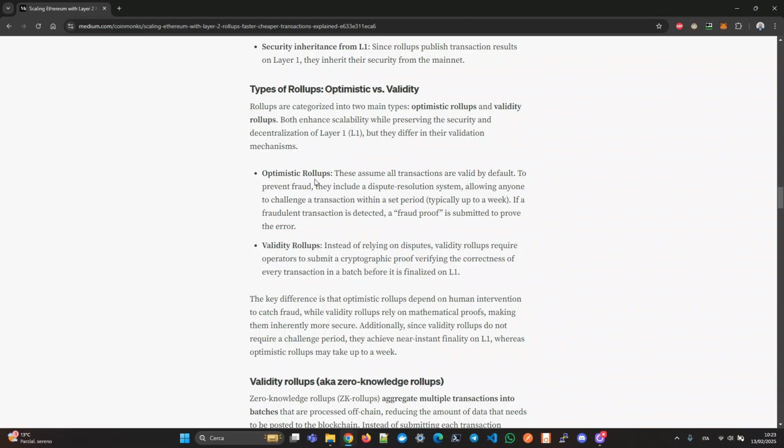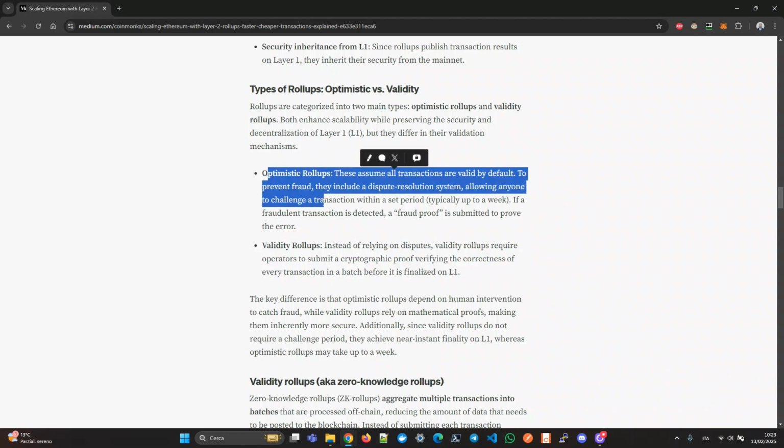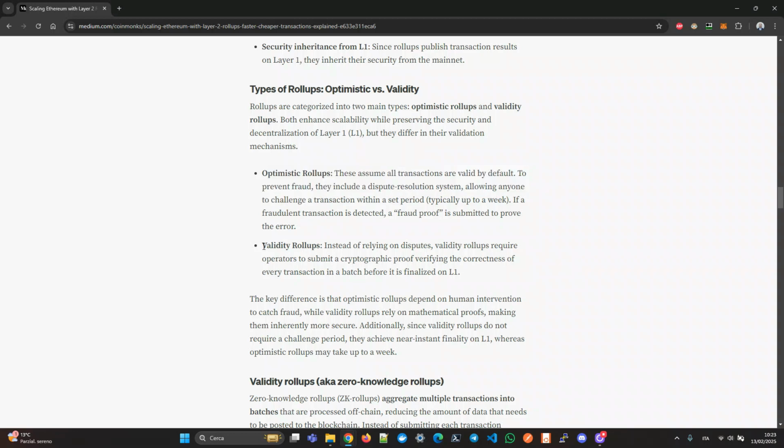So while here we are basically saying, okay, I trust you and your transaction, and if someone finds a transaction that is fraudulent, they must give me the proof that this transaction is fraudulent, in the case of validity rollups, it is the rollup itself that provides a proof of the correctness of every transaction in the batch before it is uploaded onto layer 1.